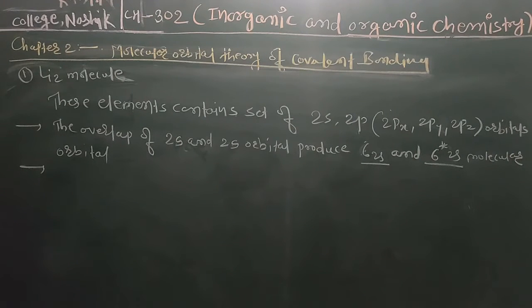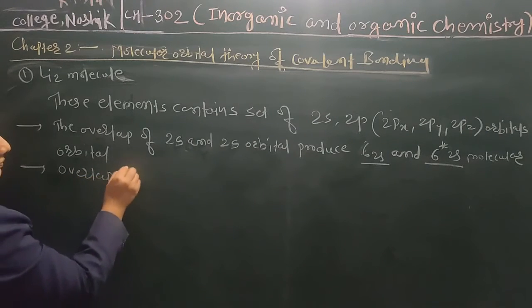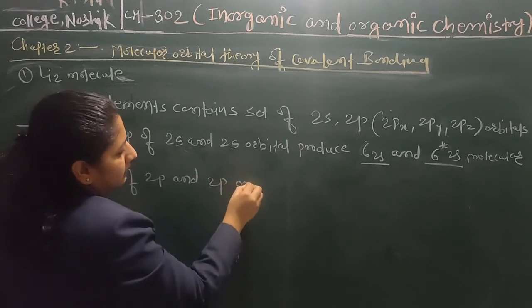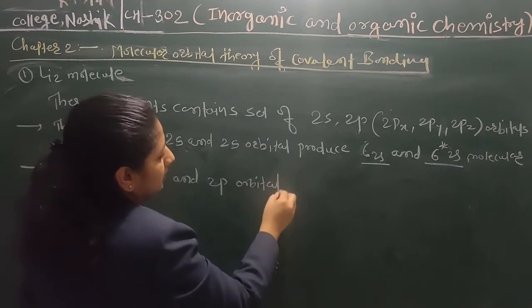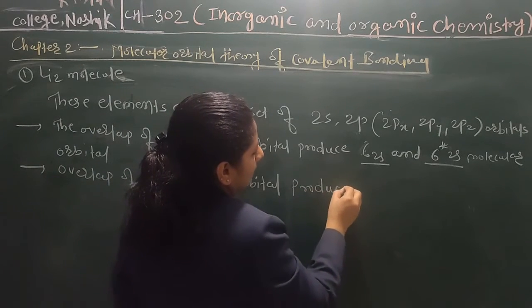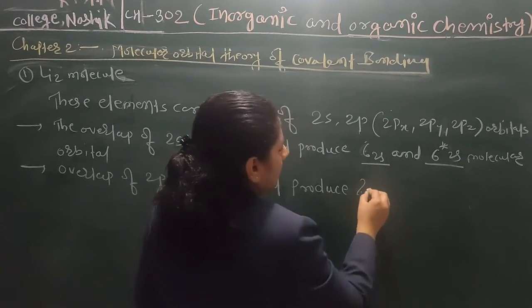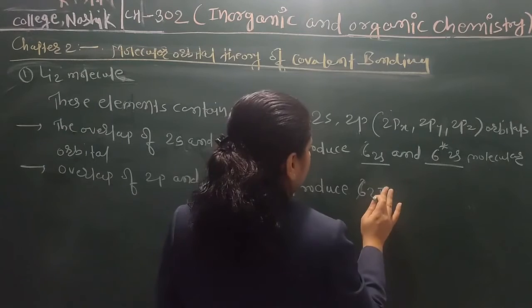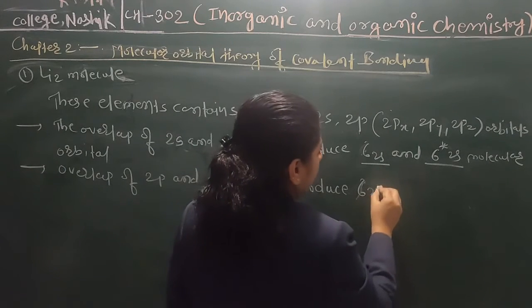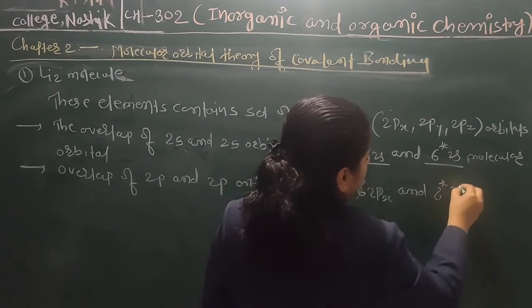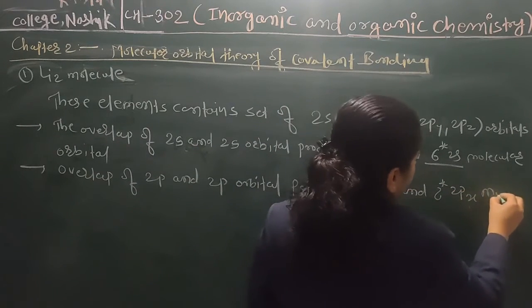Likewise, overlap of 2p and 2p orbitals produces sigma 2px and sigma star 2px molecular orbitals.